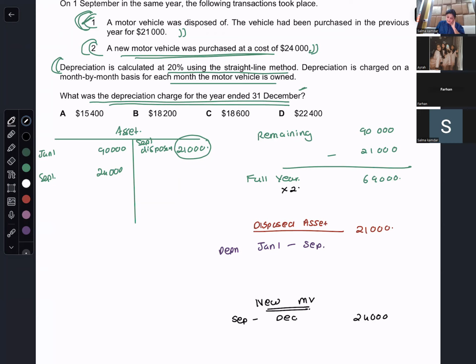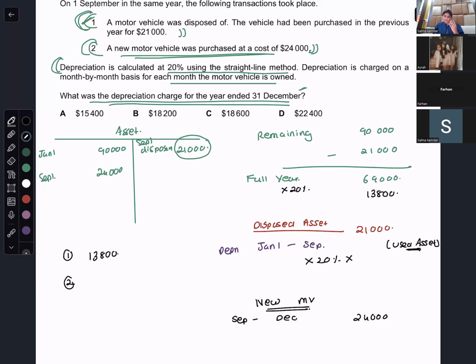So what is the depreciation charge? First, the remaining assets: 20% of 69,000 is 13,800. Then the second depreciation charge is for the disposed asset up to the date of use. How much? 21,000 at 20% for how many months? 8 months: Jan, Feb, March, April, May, June, July, August.